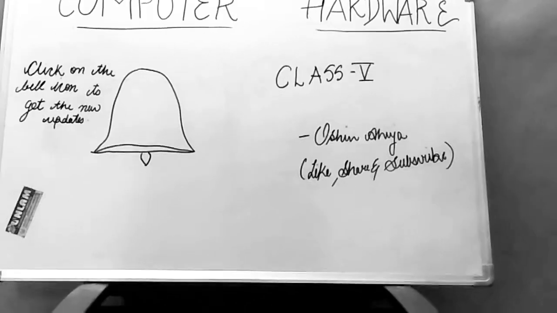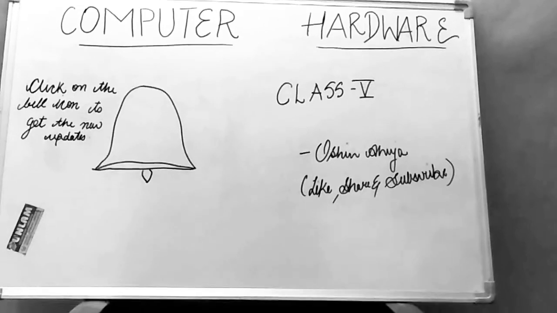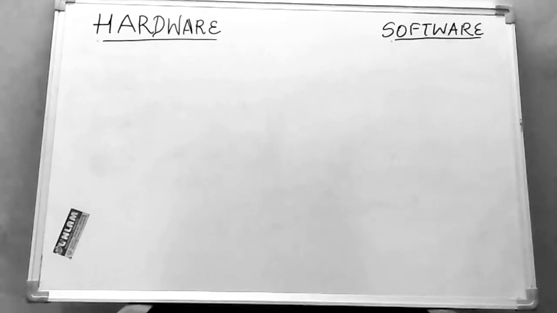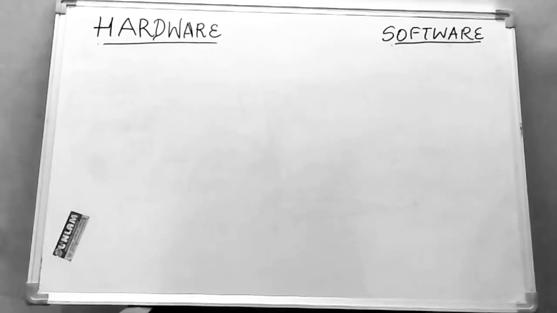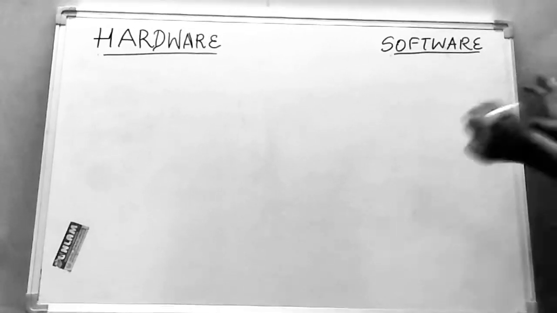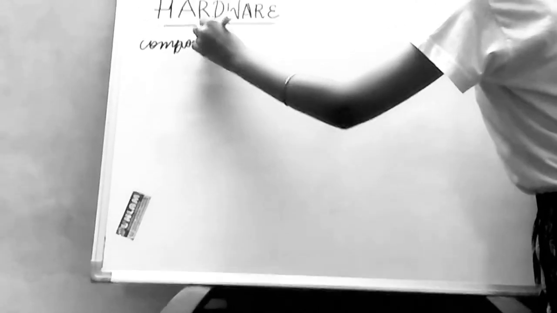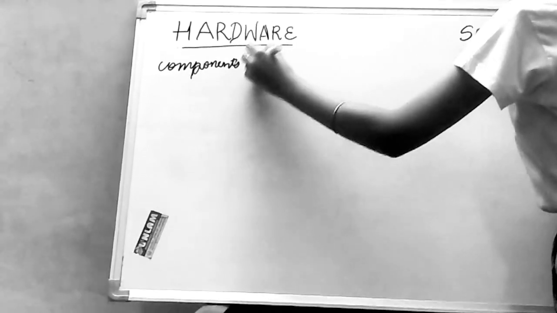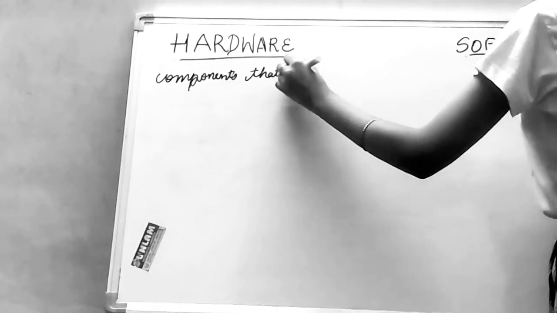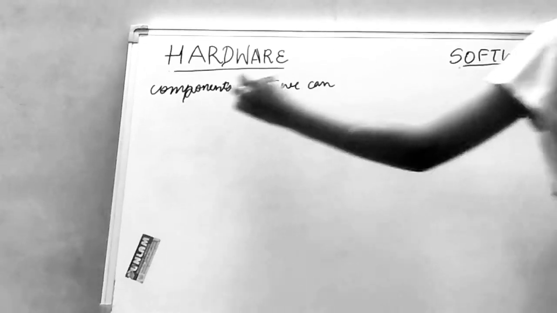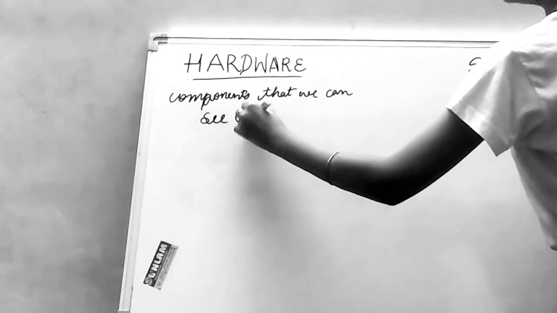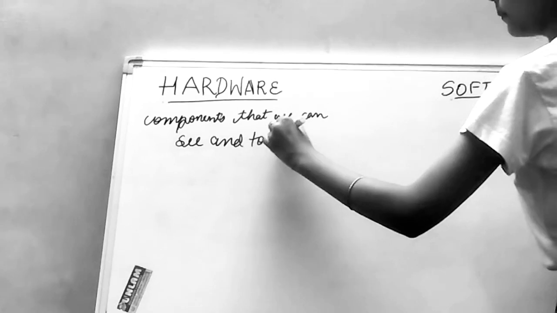Today I am going to start with the new chapter, that is computer hardware for class 5th. So students, the first question that arises in our mind is, what is hardware? Hardware are the components that we can see and touch.